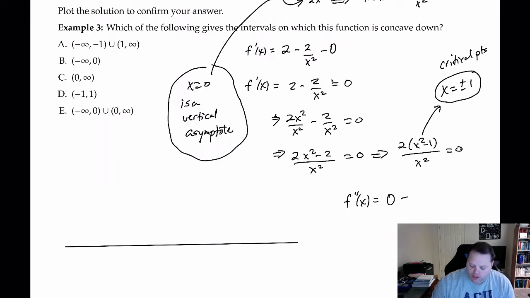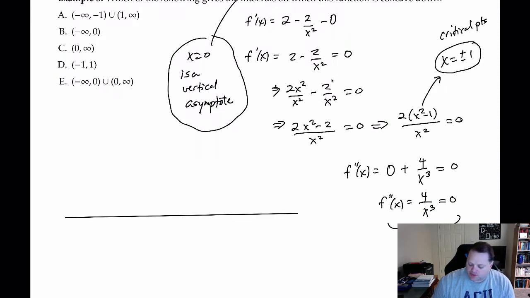So this will be plus 4 over x cubed. So the second derivative is 4 over x cubed. There are no places where that's equal to 0, so there are no inflection points coming from the second derivative here. So there's no additional points that I have to be aware of and plot.